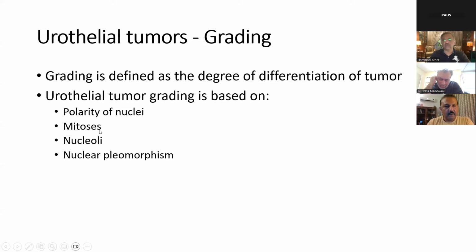And what about the mitosis? Is it on the basal side of the epithelium, or at the apex, the top of the epithelium? The higher grade tumor will show mitosis on the luminal side of the epithelium more frequently. If nucleoli are very frequent, it is most likely a high grade tumor. And then of course nuclear polymorphism, which means the variability in the sizes and shapes of the nuclei.